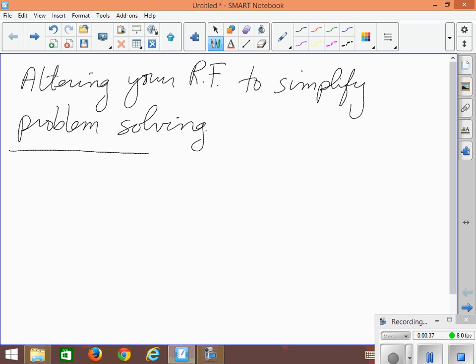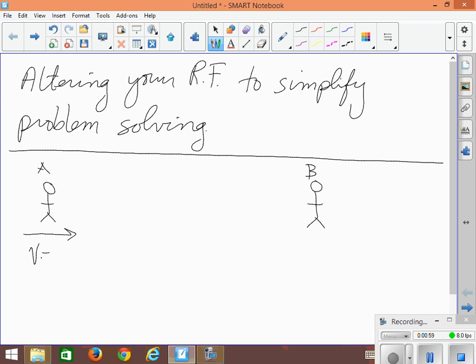So what we'll do is we'll start with a simple problem. We're going to have two objects. Let's call it person A. And over here, person B. Person A is going to run towards person B with a constant speed of 6 meters per second.